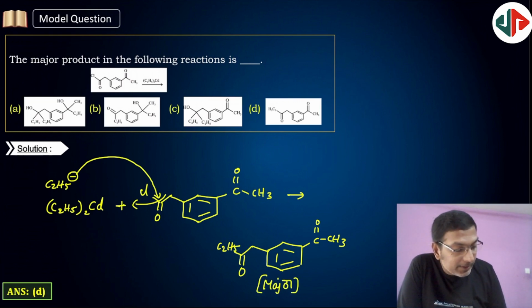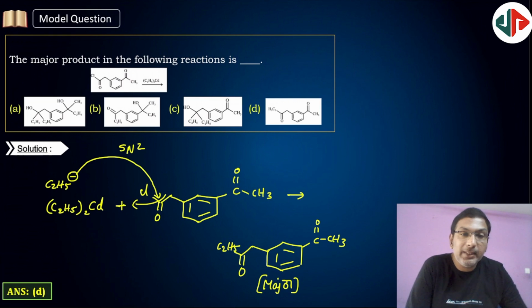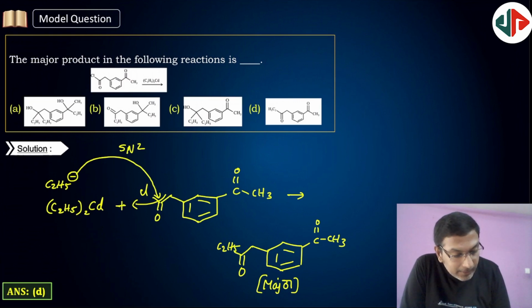Nucleophilic substitution, SN2 mechanism. SN2 displacement. So C2H5 minus, the nucleophilic reagent, can attack the electron deficient carbon of the carbonyl group, and Cl will be eliminated. So option D.